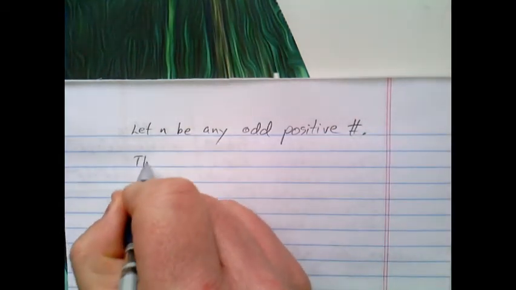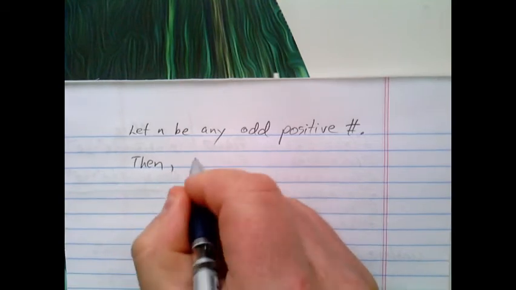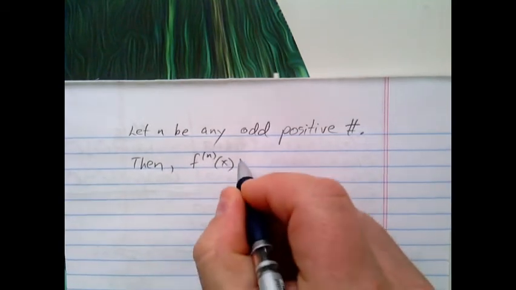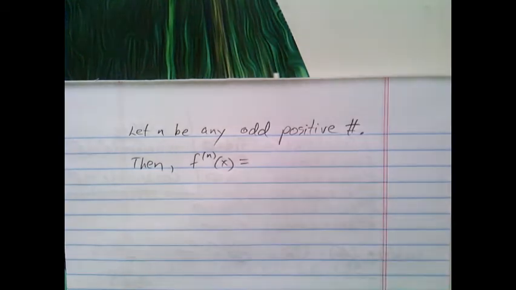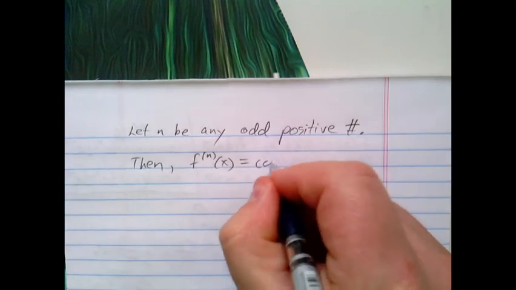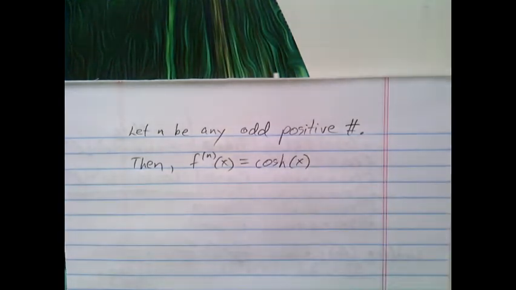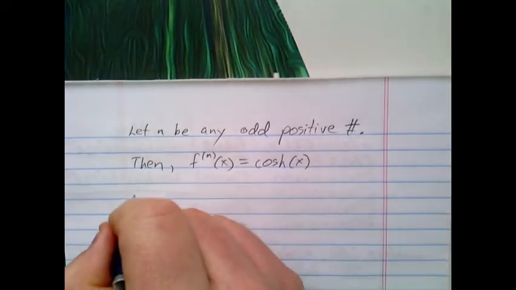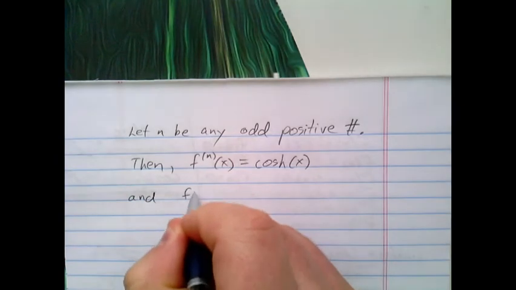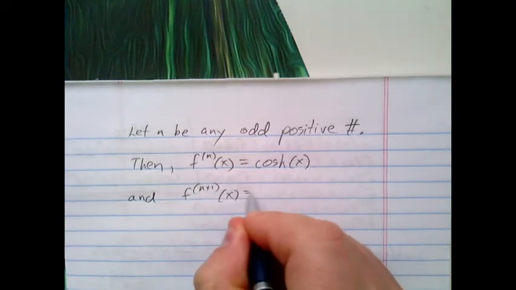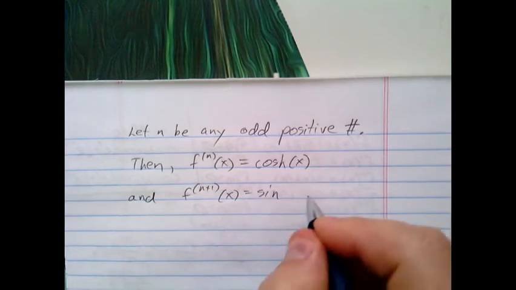Then our nth derivative of f of x, the function we're approximating, hyperbolic sine, is going to be hyperbolic cosine of x, and our n plus 1 derivative is going to be hyperbolic sine.